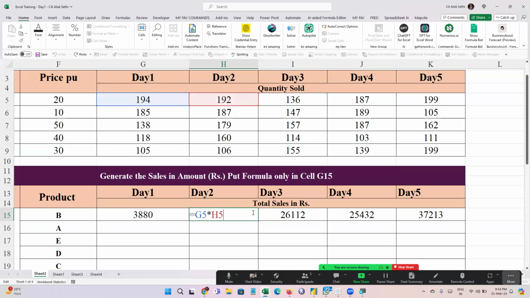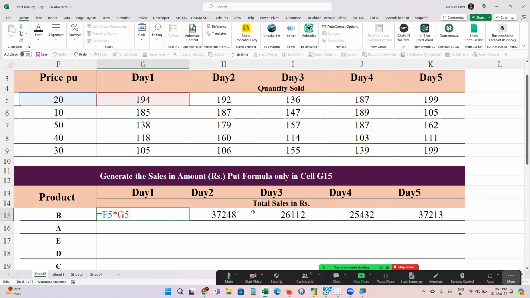So what we want is that the price should remain intact. Which column has the price? F. F column has the price and columns G, H, I, J, K have the quantity.